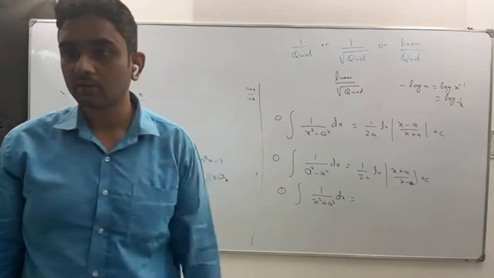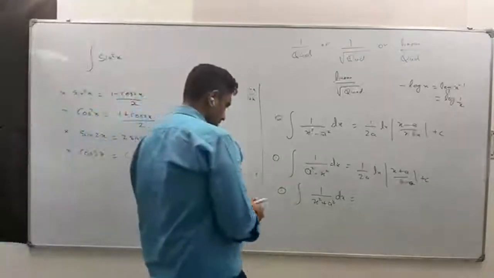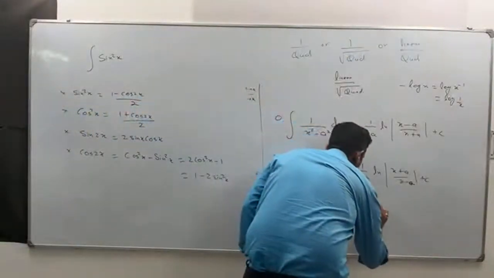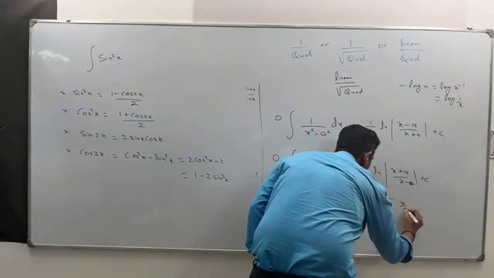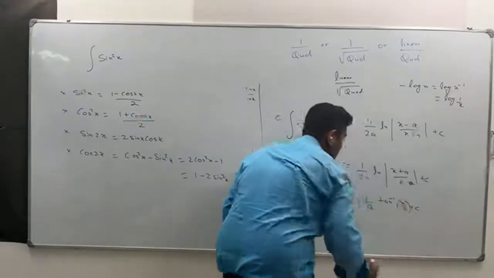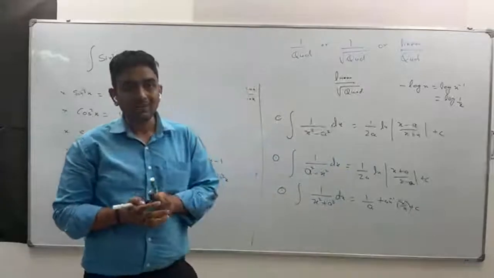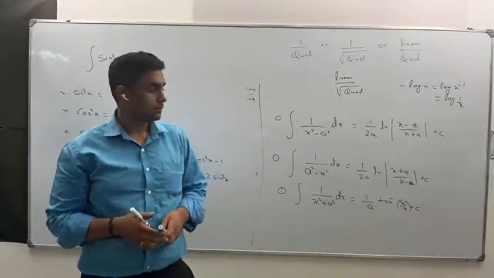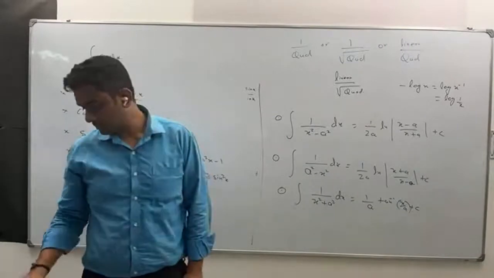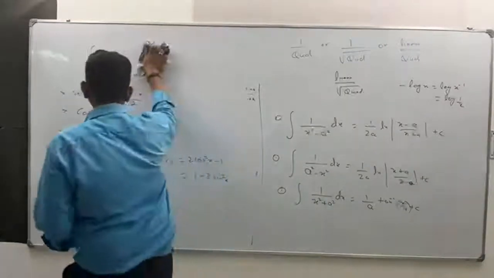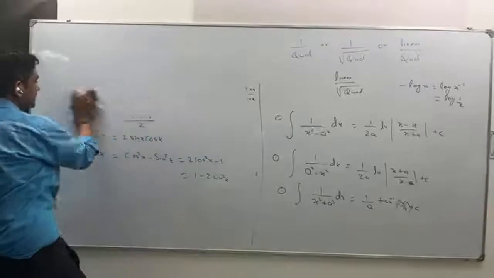Do you guys remember that? So it would be 1 by a tan inverse x by a plus c. So all these are 1 by quadratic. So we are dividing by a square. Exactly. That's it. That is absolutely correct. That is what we are doing over here.